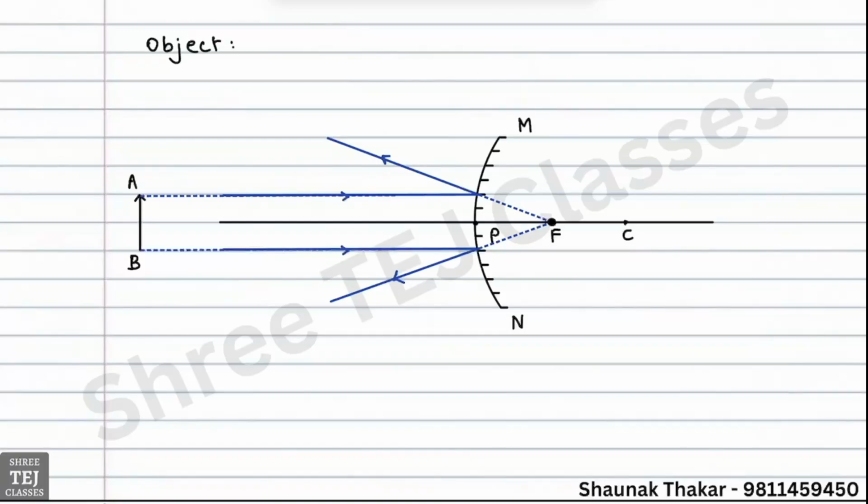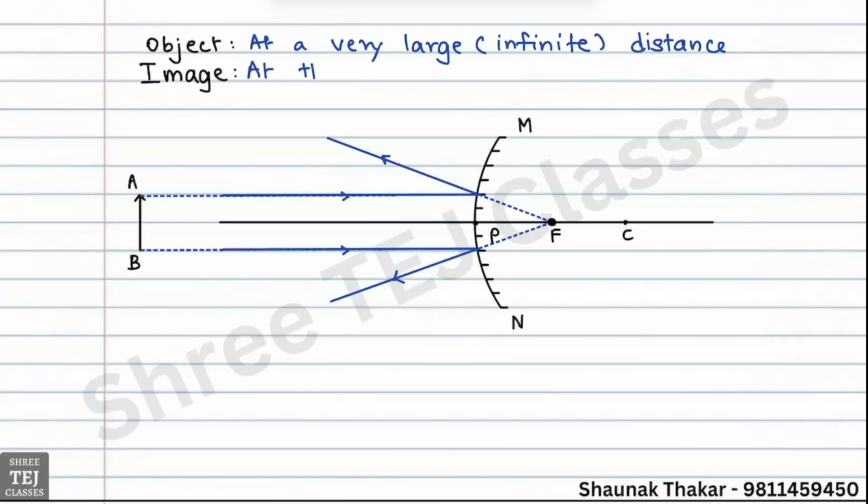Object at a very large, that is infinite distance, image at the principal focus, nature: because image is behind the mirror, it is virtual, and virtual images are always erect.